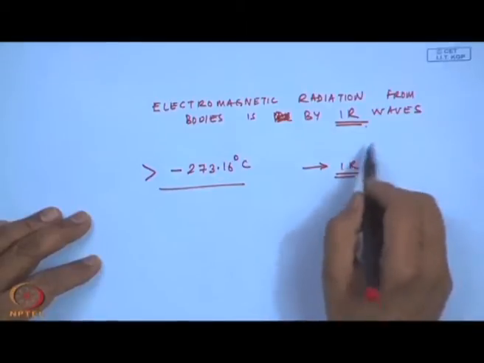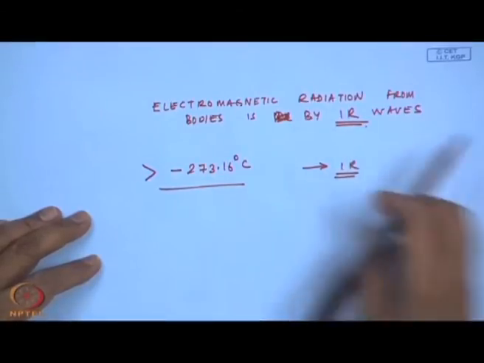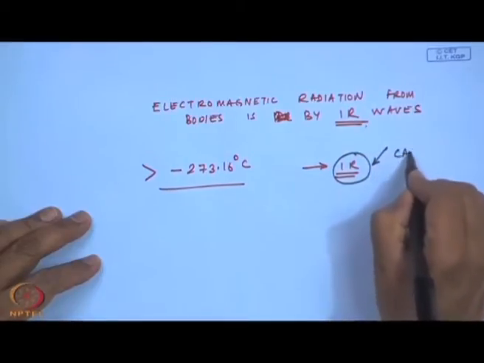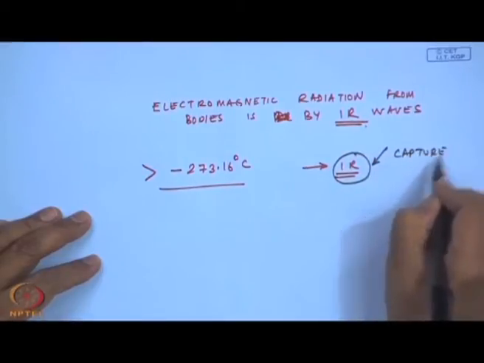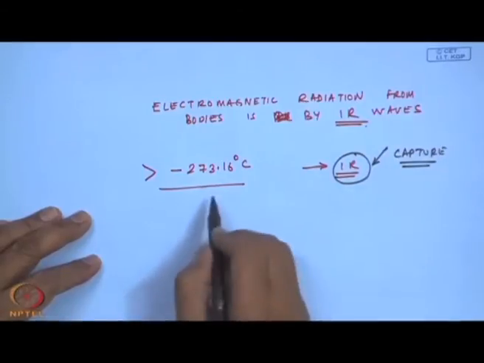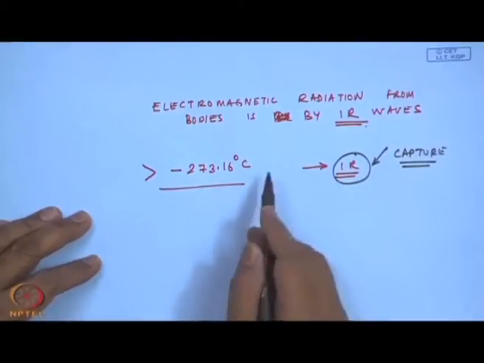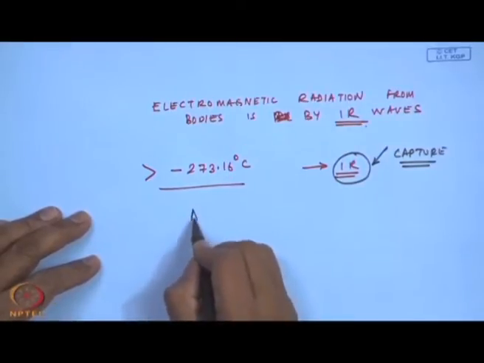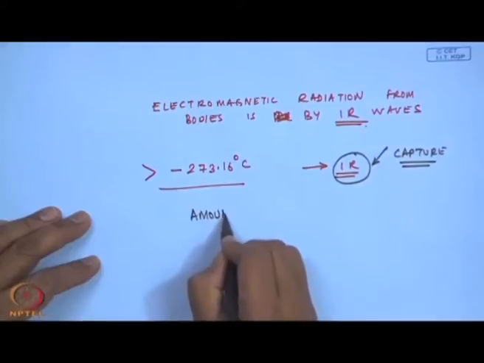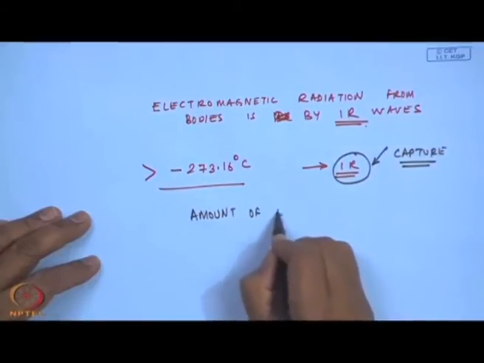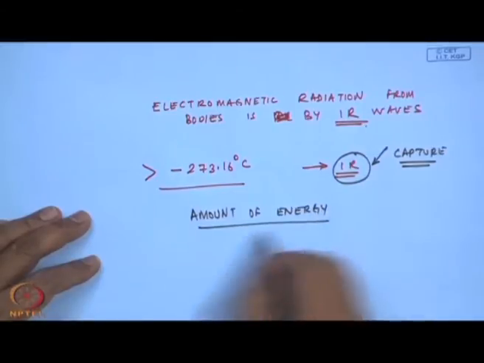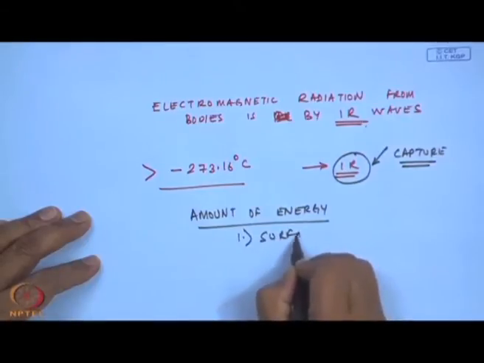But in thermography, we have to find a way to capture this IR. It is not so simply said that everybody will radiate heat by IR. That is fine, but the amount of energy which is emitted depends on a few other things, like the surface emissivity.